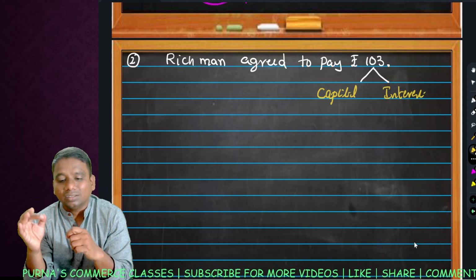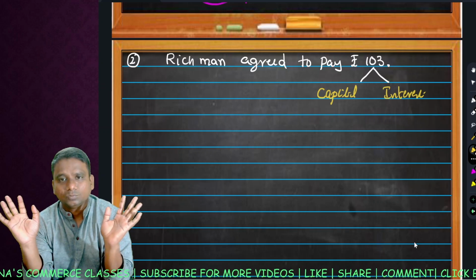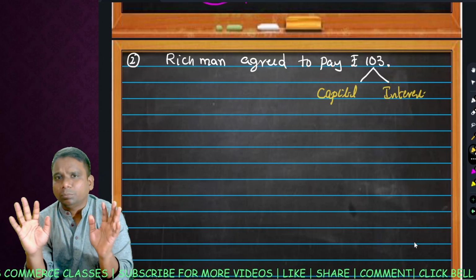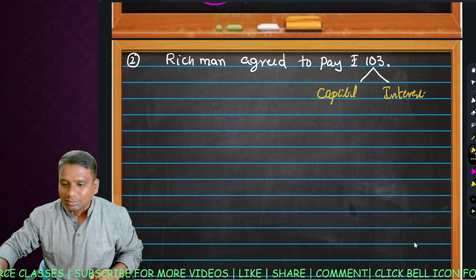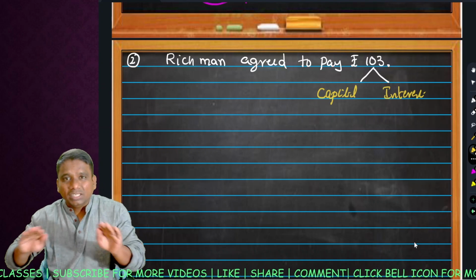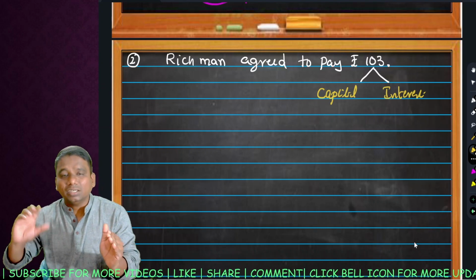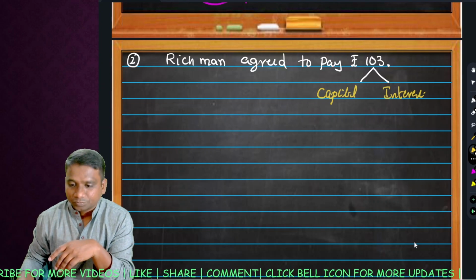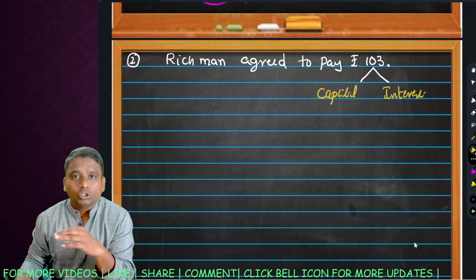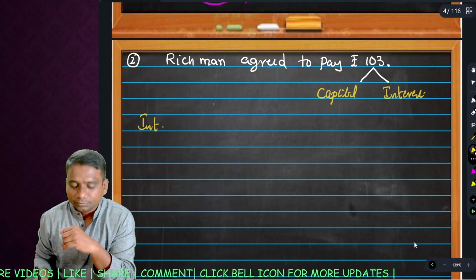But now Richman is saying, I will pay 103. Now there is no separate concept of interest. But now what we have to do is divide this 103 rupees into the capital portion and the interest portion. Now interest we should calculate separately. Tell me, interest portion how much?